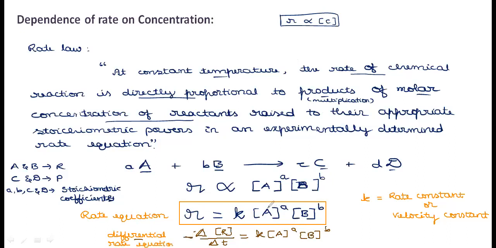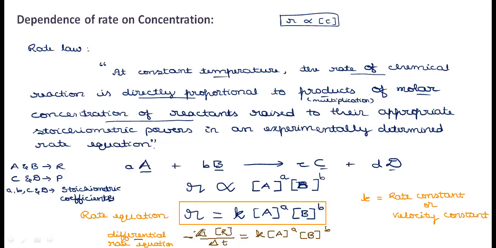Once you understand the rate law, you will be able to write the rate equation for any given chemical reaction, provided it is an experimentally determined rate equation. After writing the rate equation form, you can convert that into the differential rate equation by taking the definition of reactant rate. Similarly, we have integrated rate equations, which we have in detail as derivations that we'll take up in the next classes.